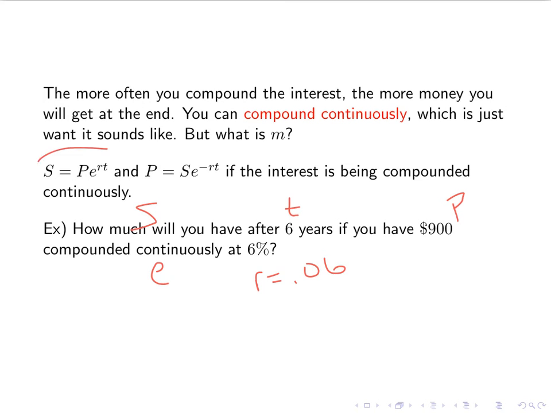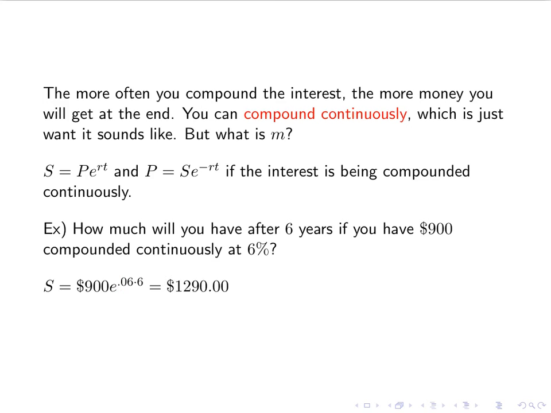So we're going to plug it into this equation, and we get S equals 900E to the 0.06 times 6. Again, be careful. Make sure you put that in parentheses. You're doing that multiplication before you do it as an exponent. If you do it out correctly, you should be getting $1,290.00 rounded.